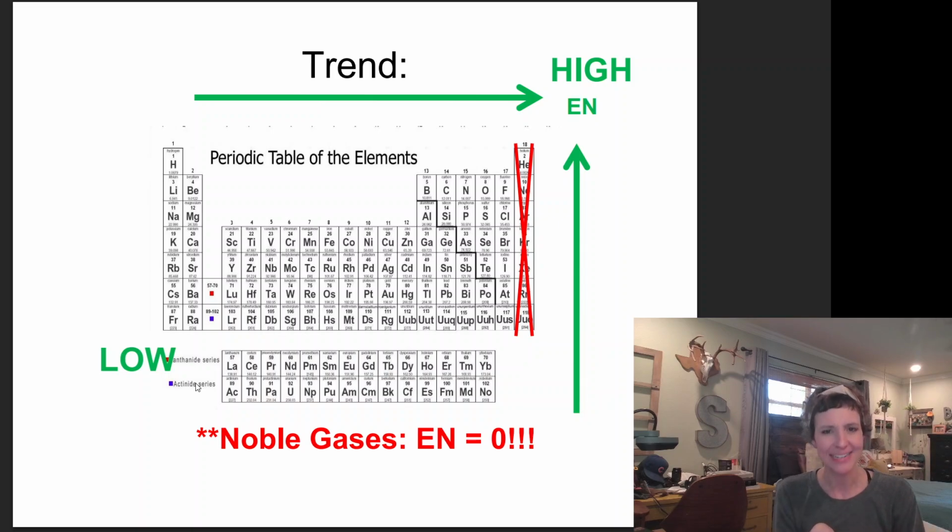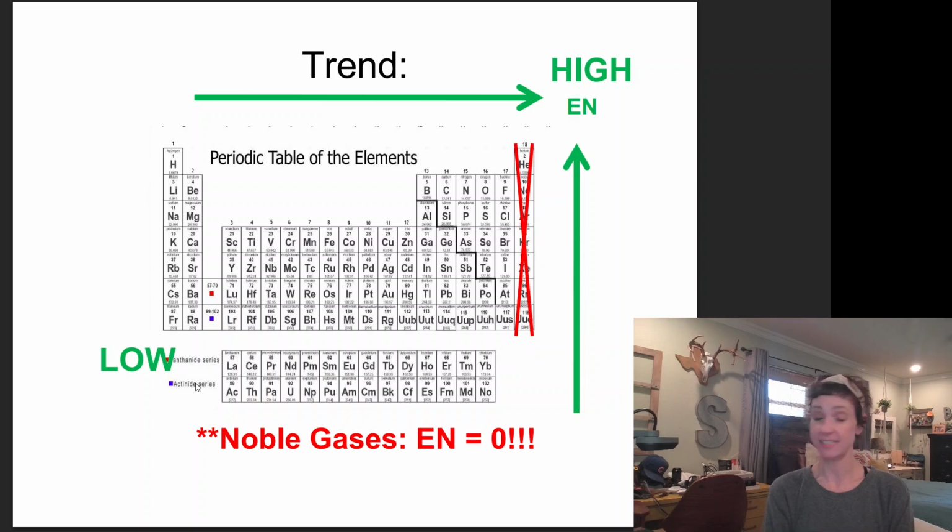Yeah, high ionization energy tends to mean high electronegativity, but I put a big old fat X over those noble gases. So based on the definition of electronegativity, the atom's ability to want to attract an electron.